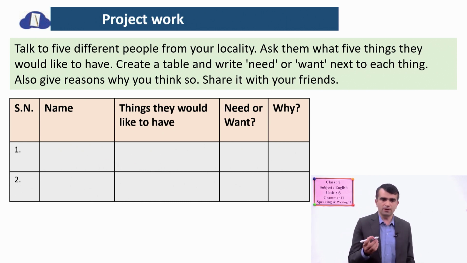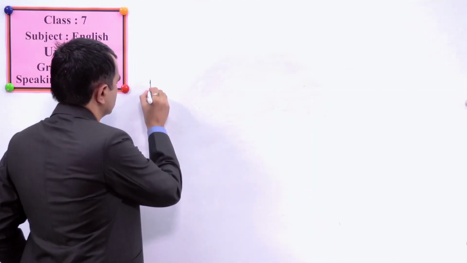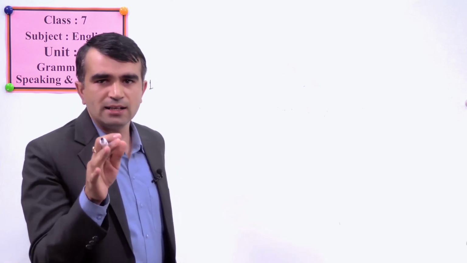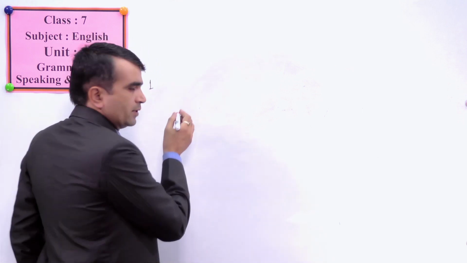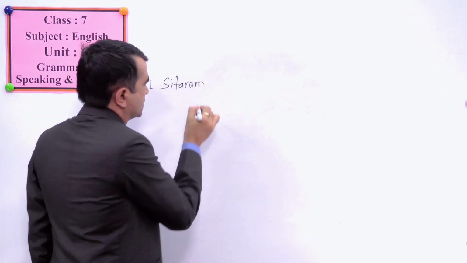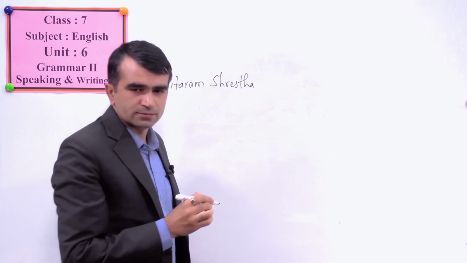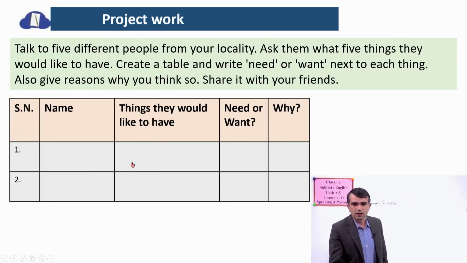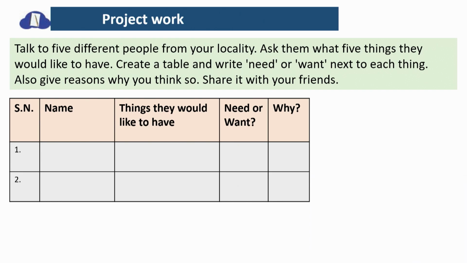Well, for example, number 1, just below that you can write someone's name. For example, Sitaram Shrestha. Things they would like to have. Now, he wants to have a house, maybe. He may not have a house, so he wants to have a house.